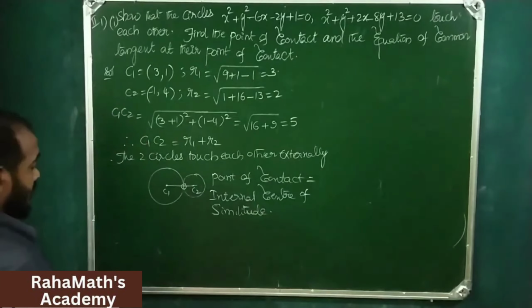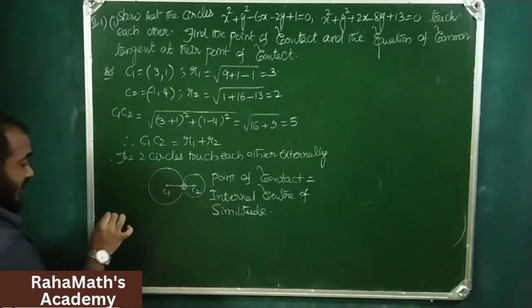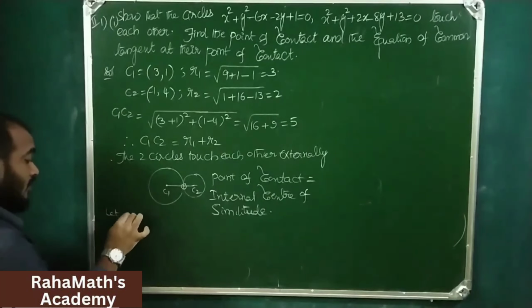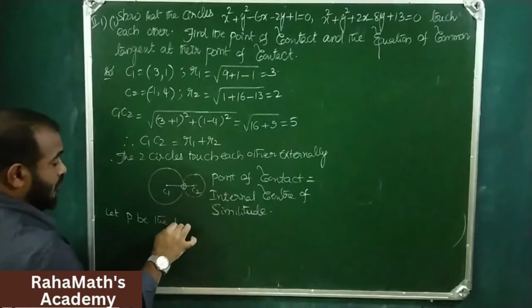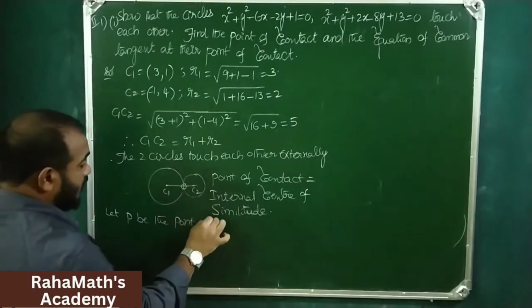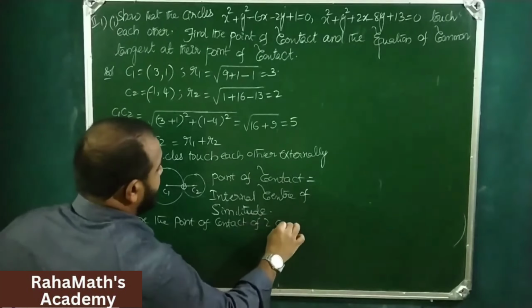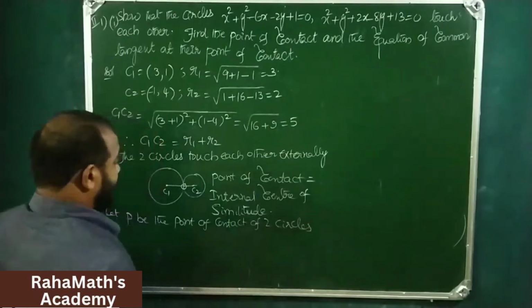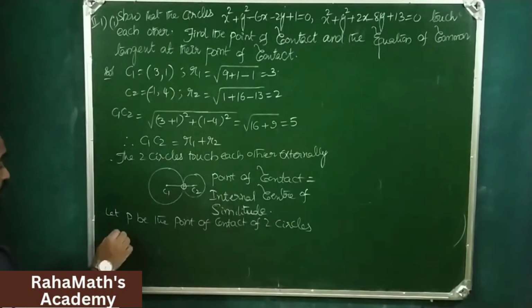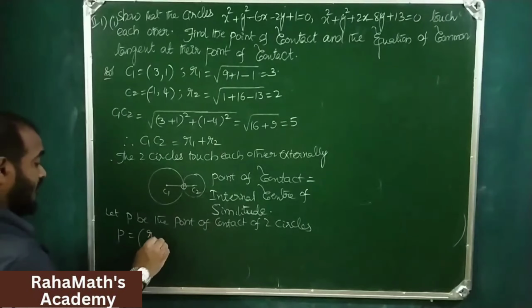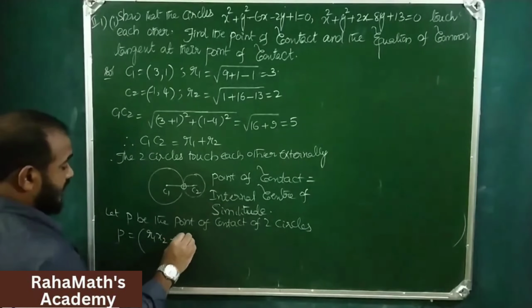So for this point of contact, let P be the point of contact of the two circles. So internal center of similitude P is equal to (R1x2 plus R2x1, R1y2 plus R2y1) divided by R1 plus R2.